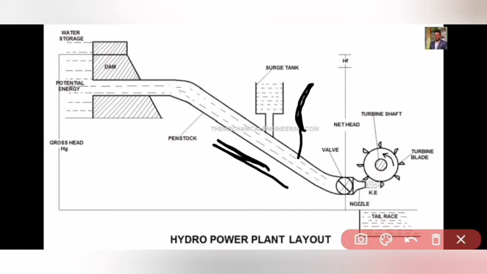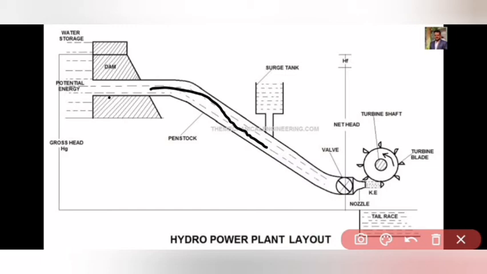Now we shall discuss the conversion. In this layout diagram, we'll discuss the energy conversion of this hydropower plant. First it was potential energy when the water gets stored. When the water started to flow through the penstock, the potential energy got converted into kinetic energy at high velocity. Why does it become high velocity?